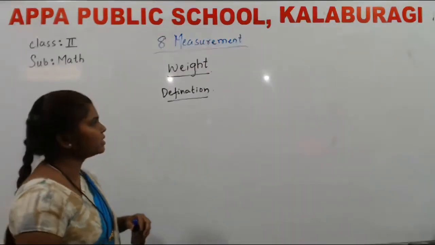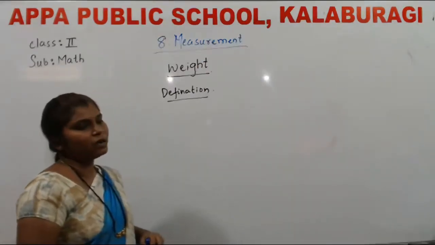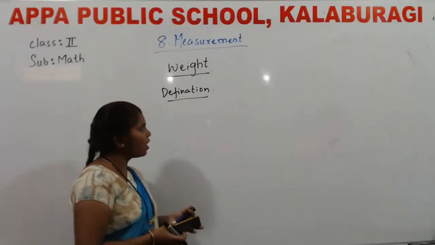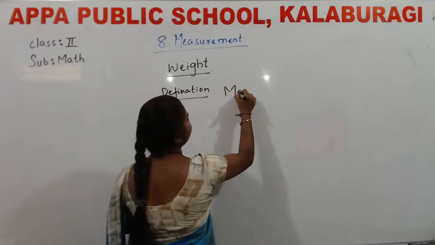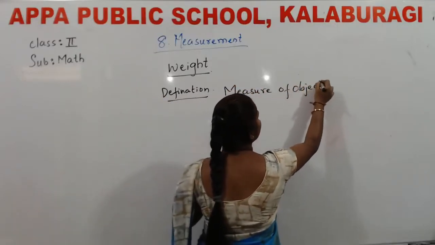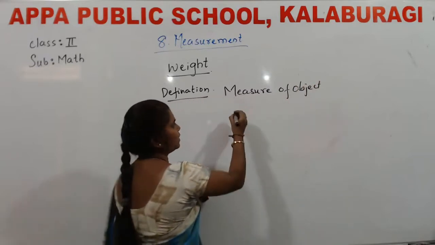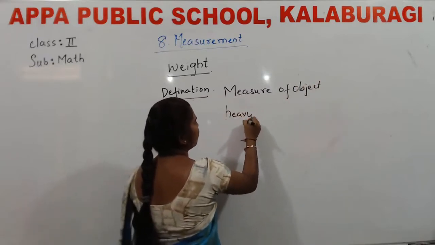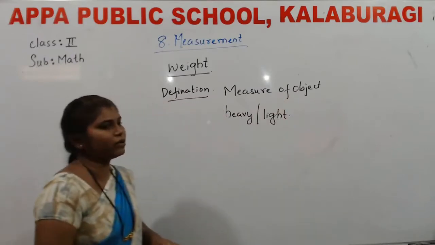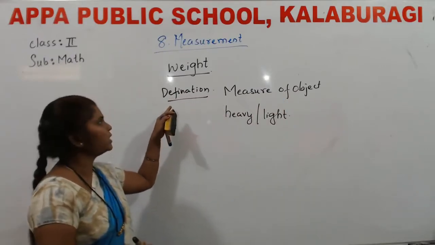The definition of weight is a measure of how heavy or light an object is. That means it is a measure of an object to determine whether it is heavy or light. So this is how we define weight.